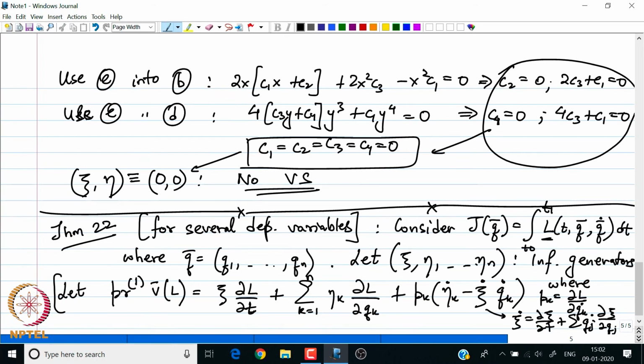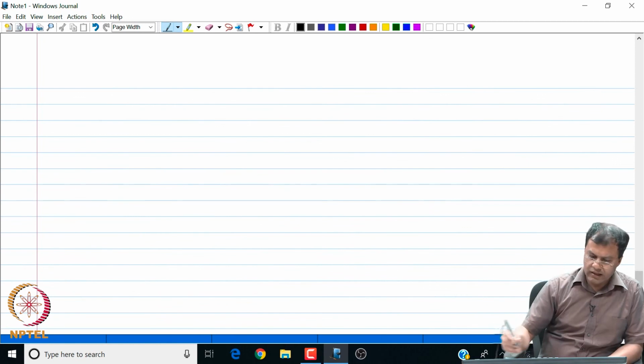And then I have also eta k dot. So eta k dot is del eta k del t plus the summation of q j dot del eta k del q j. Essentially this is all the chain rule that we are applying.